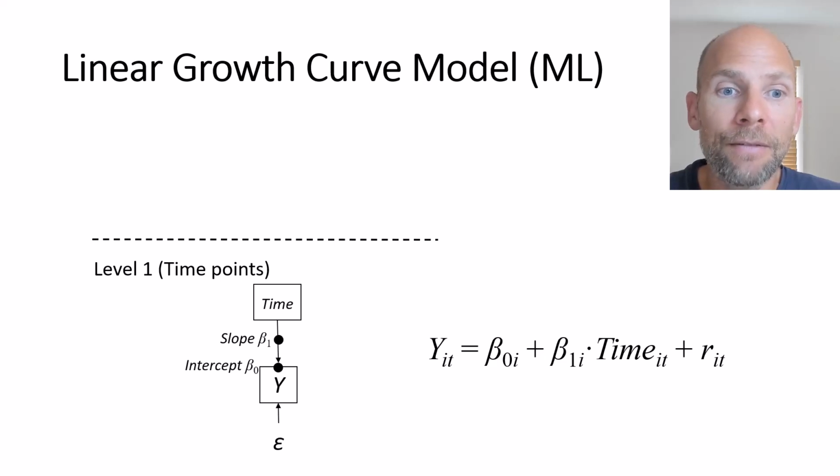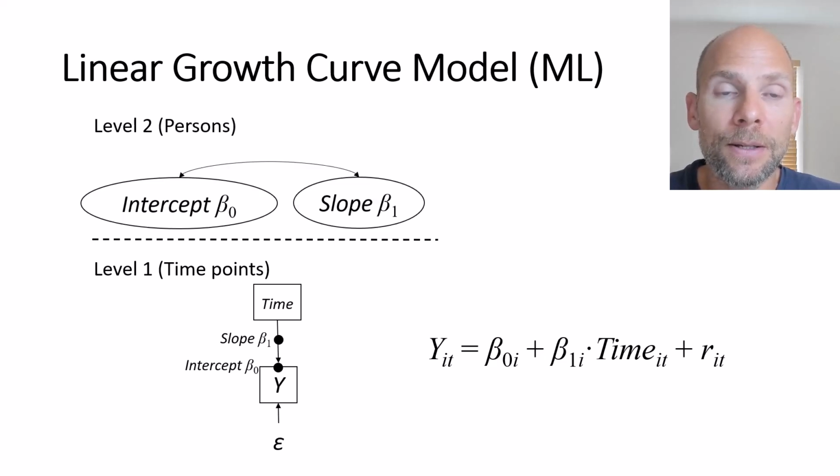And then the level 2 model consists of the random intercept beta 0 and the random slope beta 1, which are latent variables in the Mplus framework. And so for those two latent variables, we estimate their mean, variance, and covariance.